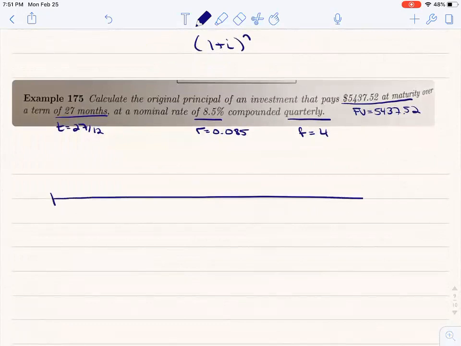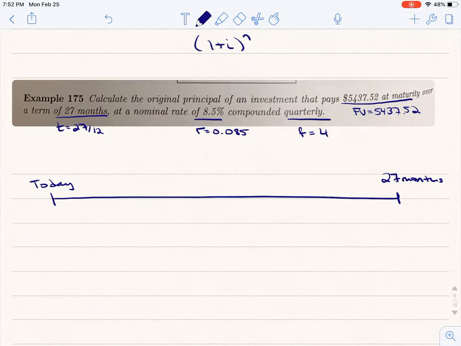So we've got a start point and an end point. We'll make this today. And this is 27 months from today. It doesn't matter if it was 27 months ago to today or whatever, 20 months ago to 7 months from today, as long as the distance is 27 months, that's all we're given in the problem.